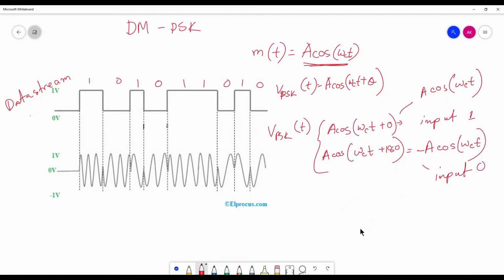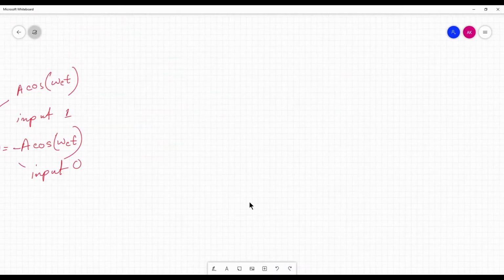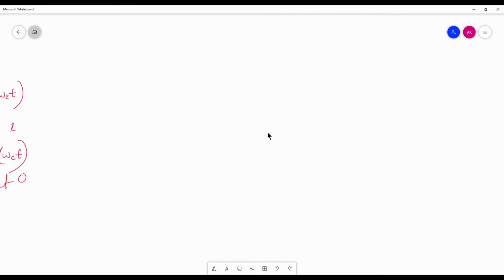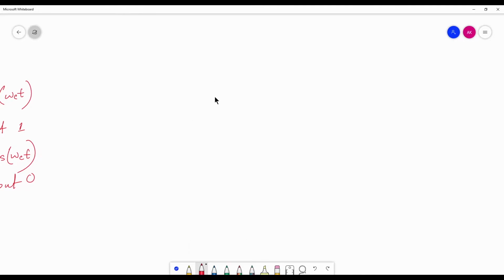Previously in FSK we designed the modulation by using two kinds of carrier. Here also we actually need two carriers, but now one will be a phase shifted one. If we are sending the message signal, one branch goes with a carrier, which can be a sine wave.